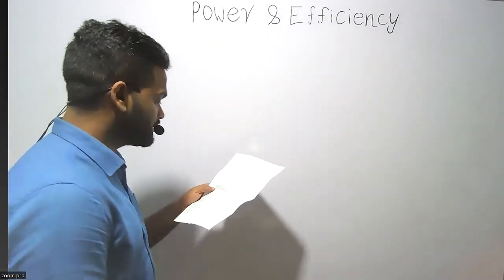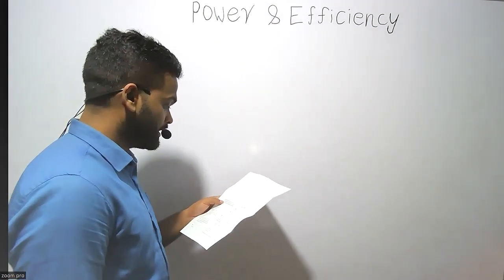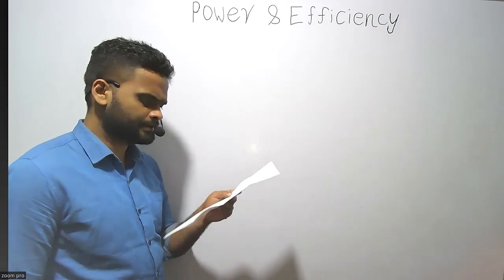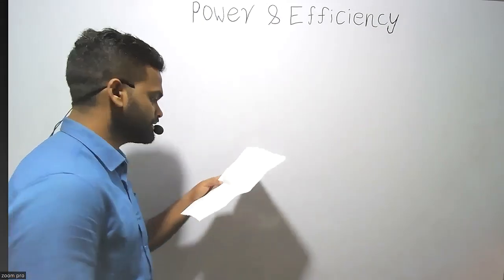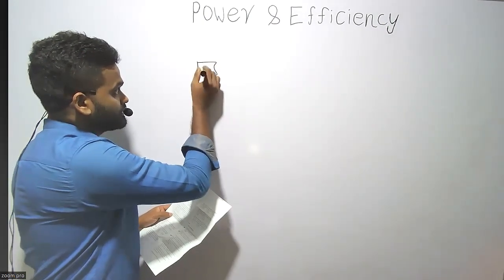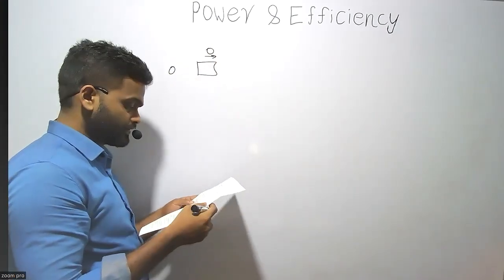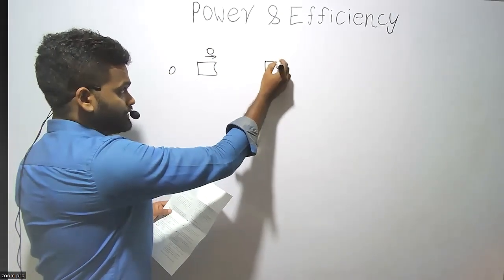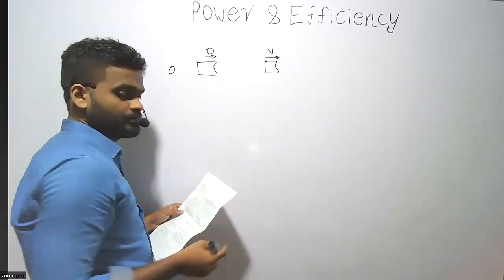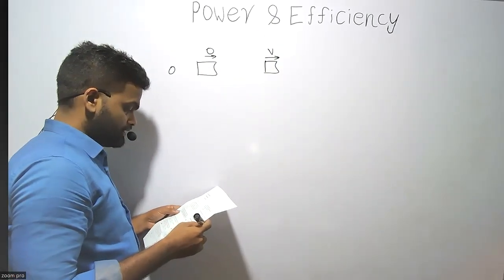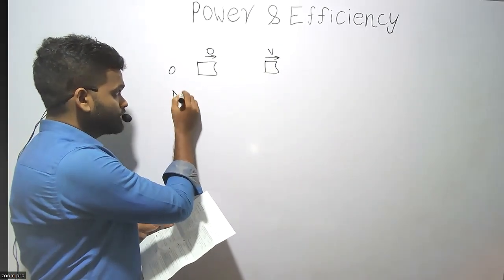You can draw a sketch. Right, within the time that an old car initially at rest. So there's this old car at rest, gains a speed v. Then you have a new car.